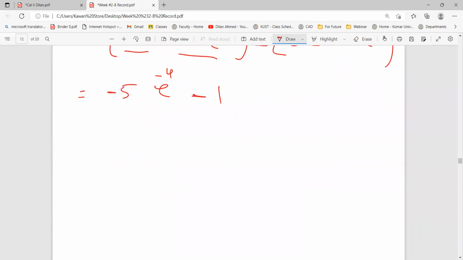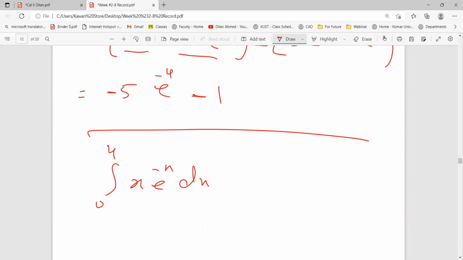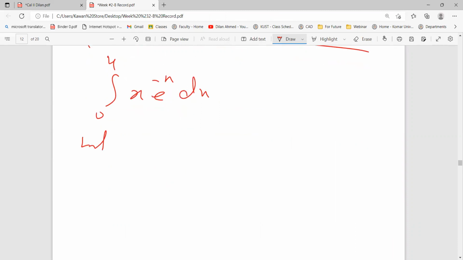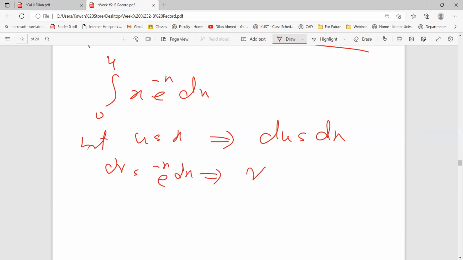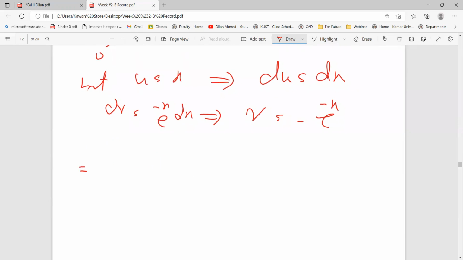The second method for solving such an example is the classical one. You say let u be x, then du will be dx, right? And dv be e to power minus x dx, then v will be minus e to power minus x. So the integral of u dv is equal to uv minus the integral of v du.